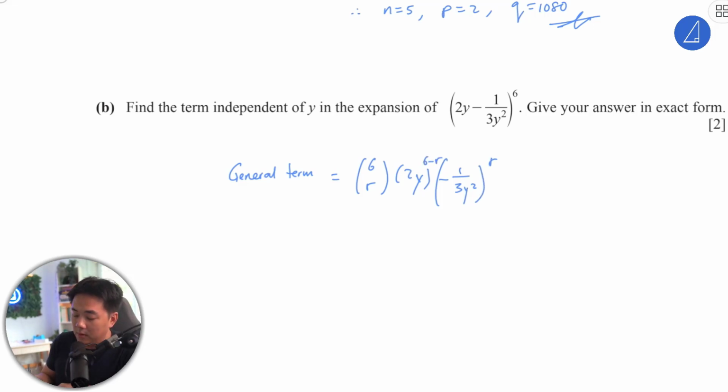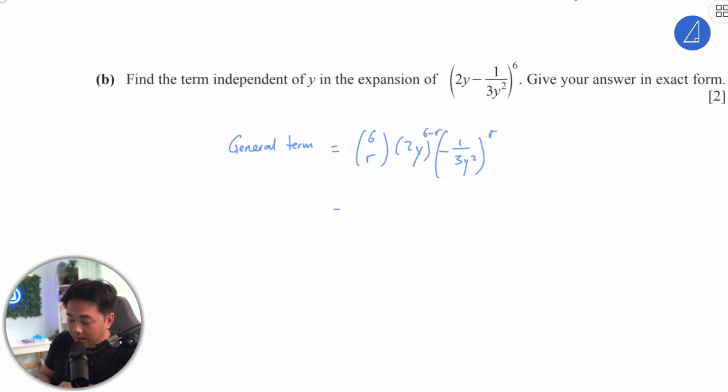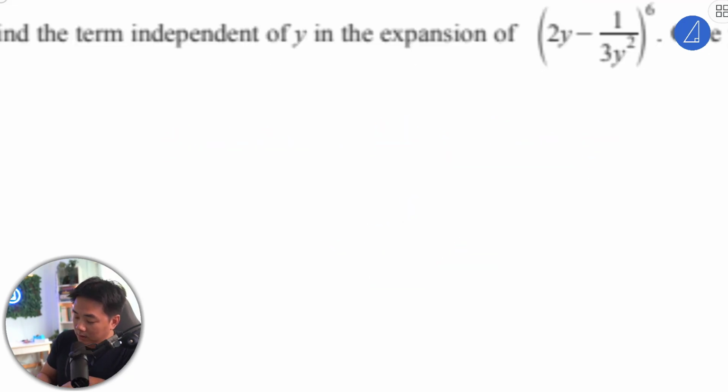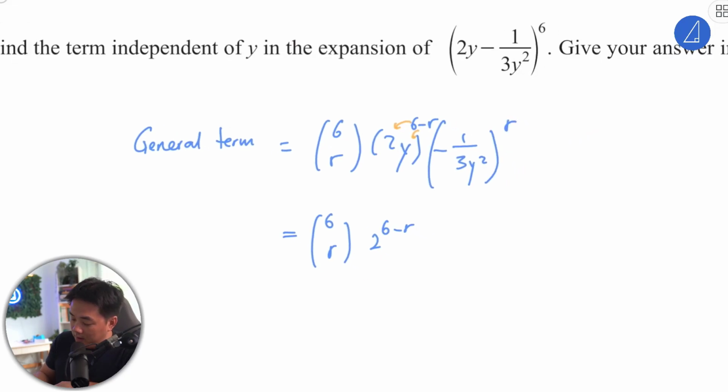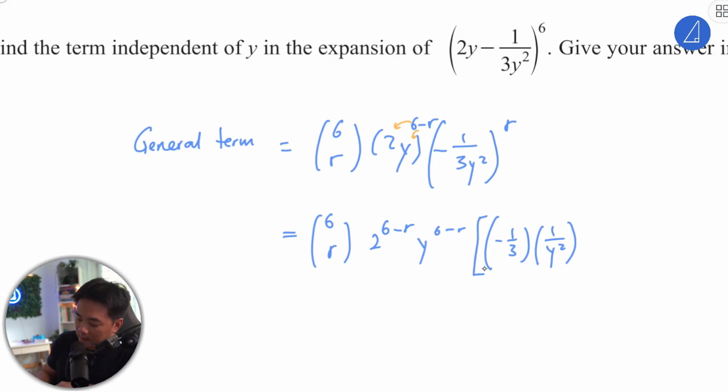Alright, so just separate them up. 6 choose r, then this is 2 to the power 6 minus r, so just distribute this power to the 2 and the y. Similarly, for the one inside, to the power r, this will be 1/3 and 1 over y squared. Okay, separate them.